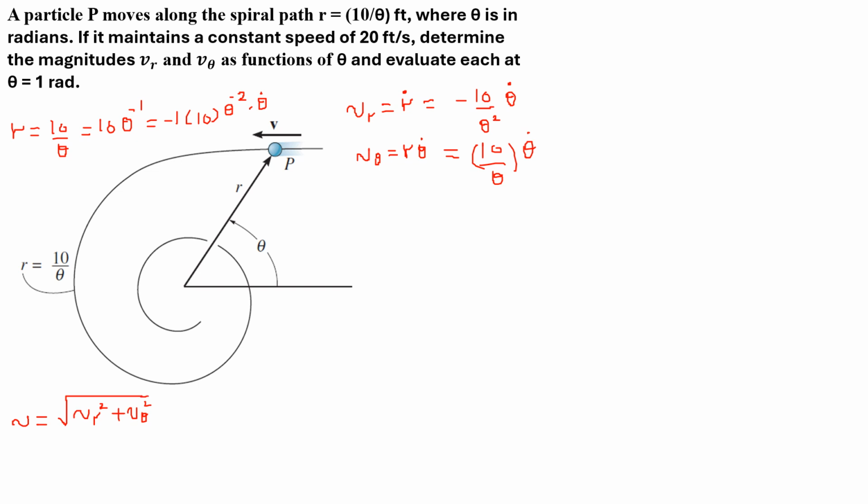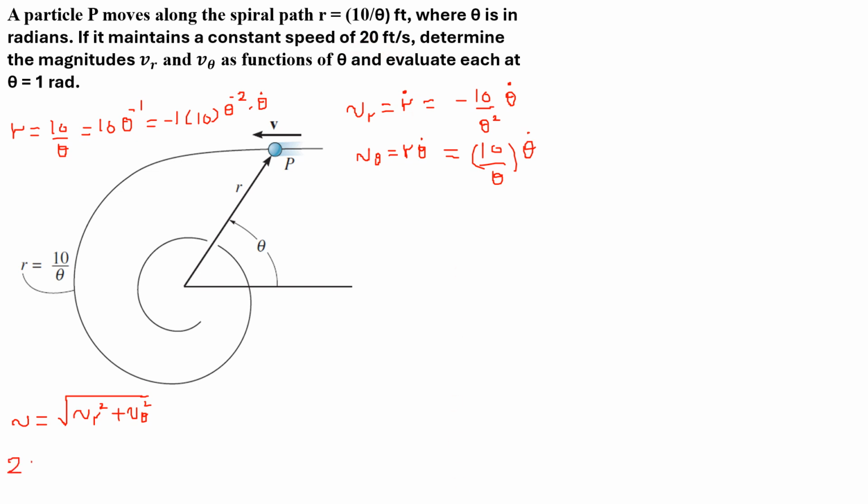It's just a normal magnitude of two vector components. And now I need to solve this for theta dot. The speed is given to be constant, 20 feet per second, so let me plug in the values.